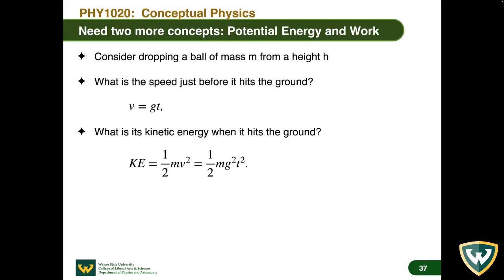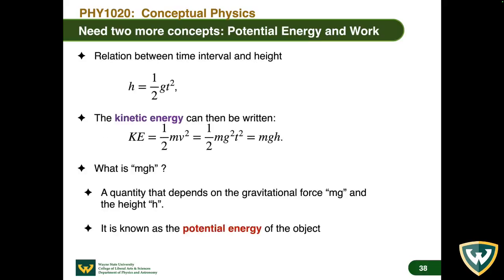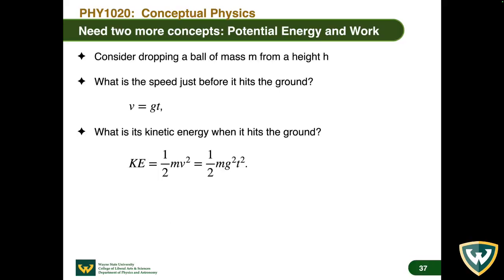So now I have KE, kinetic energy, on the left, 1/2 m g squared t squared on the right. What can I do with this? What can I learn from this? Well, I know that there's a relation between v and g and t, and there's a relation then between KE and the time of fall.